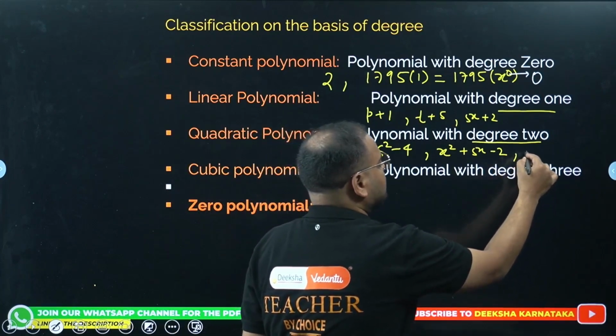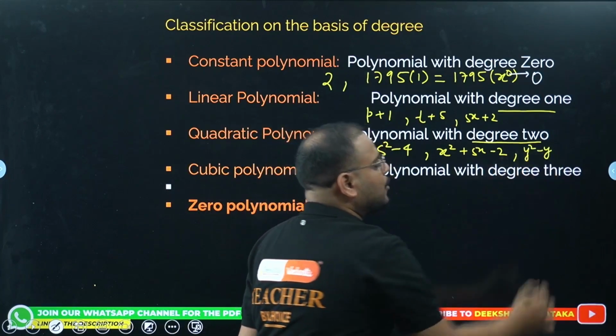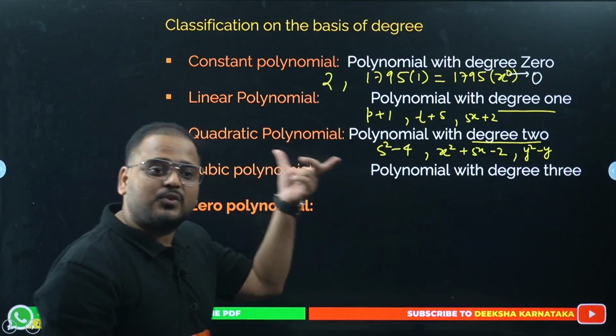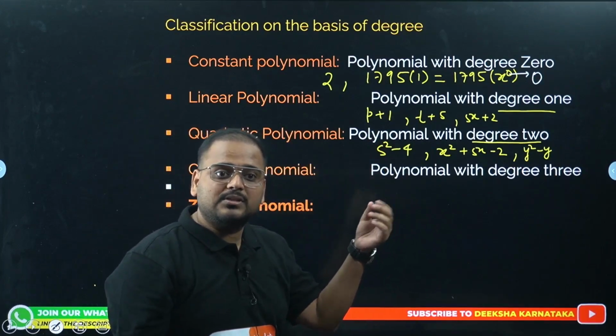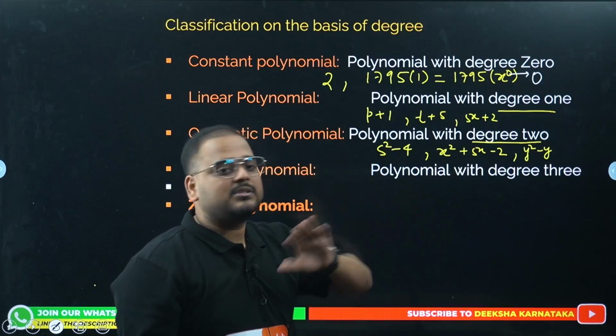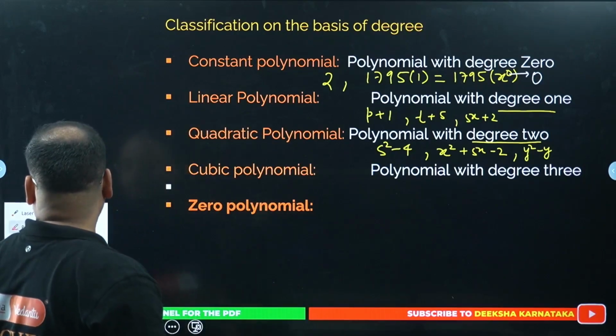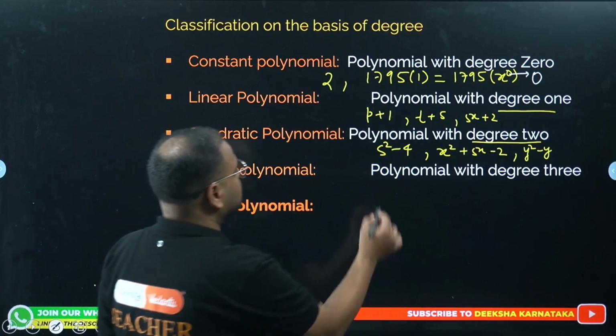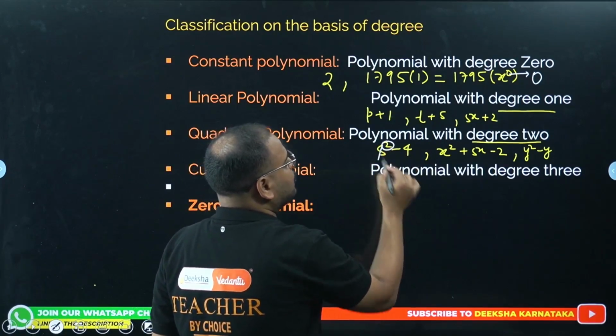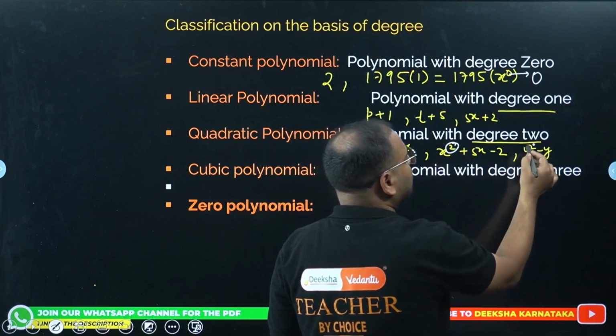It can be written as y square minus y. So all these, whether they are just constants, just variables, constants and variables, all the combinations, but the highest degree should be only 2. Check it out here: s to the power 2, x to the power 2, y to the power 2.